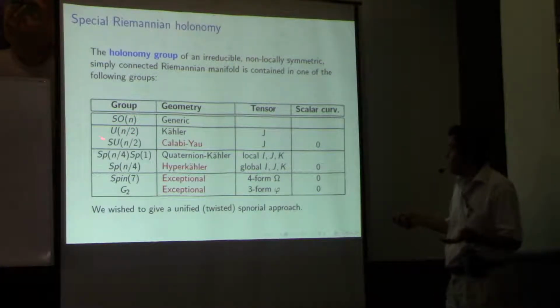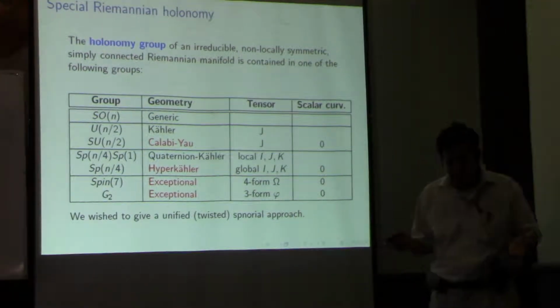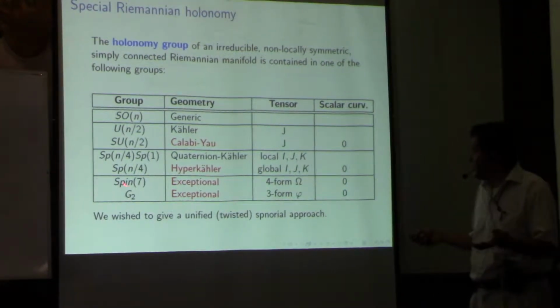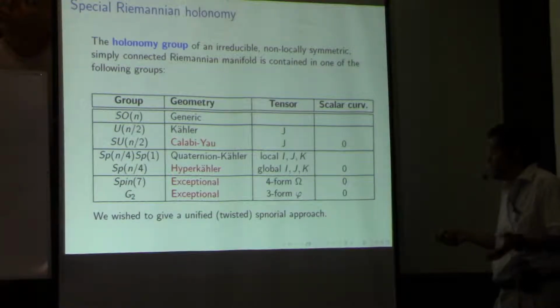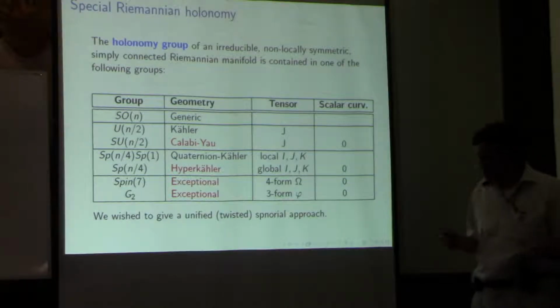Here we are thinking of unitary matrices, here of quaternionic matrices, here of Spin(7), which I'll talk about a little bit, and G2, which is an exceptional Lie group related, in one of the manifestations of this phenomenon, to octonions.